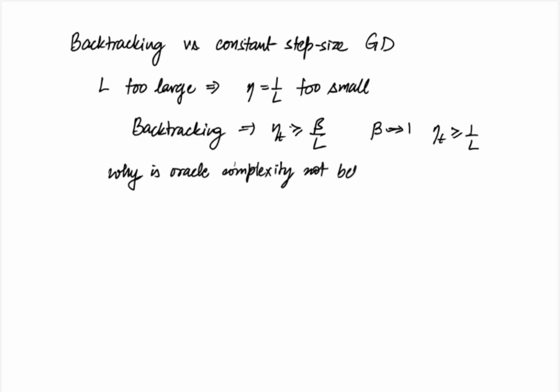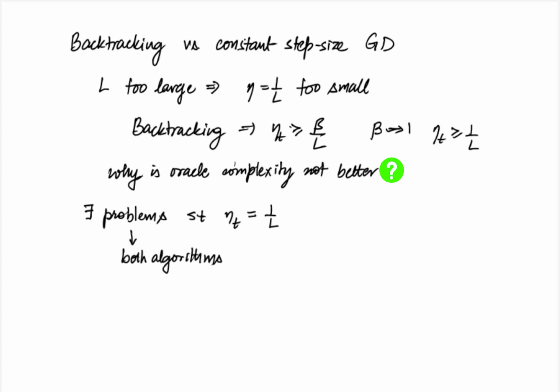It is in fact a subtle point, and understanding the answer to this question holds the key to understanding the limitation of this kind of analysis. The key point is that there are problems where the step size obtained by backtracking line search will actually be as low as 1 over L. Then for these problems, both the algorithms are exactly the same. Therefore, for such problems, selecting the step size to be constant or using backtracking line search will not make a difference because both turn out to be the same.